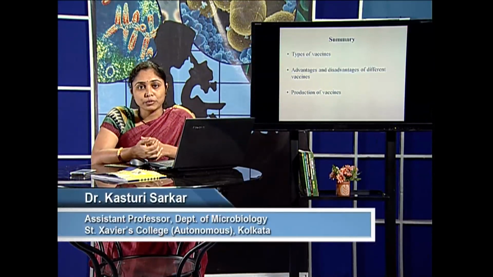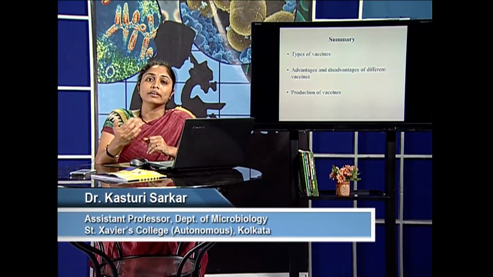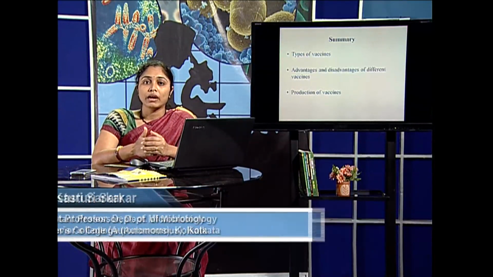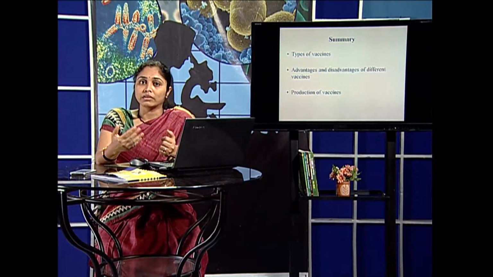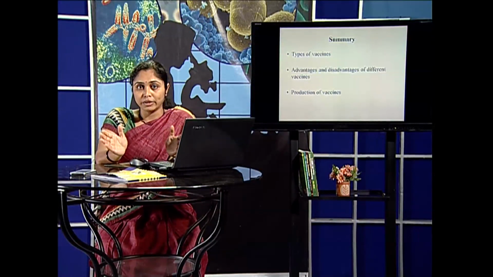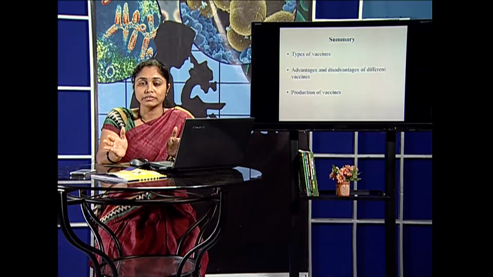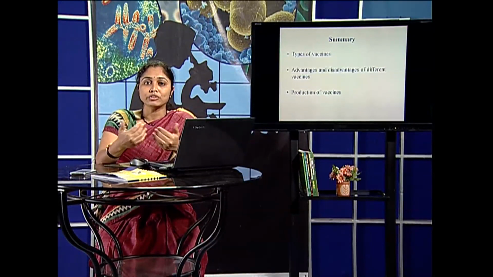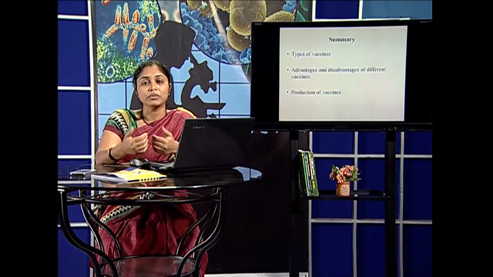How vaccines are produced in the laboratory and how they are given via different routes, how they should be preserved, and there are several immunization charts for babies, children, adult people, and we should follow those charts for proper vaccination.